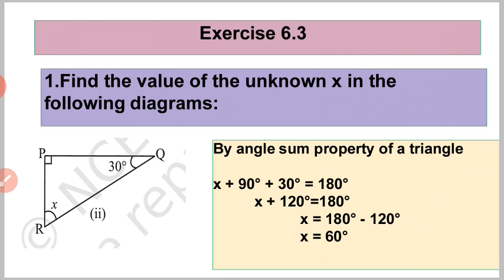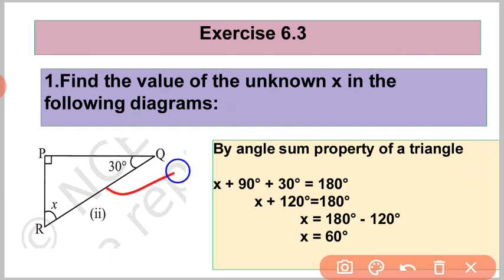So we know angle sum property of a triangle, that the sum of all the angles is equal to 180 degree. But here only one angle is mentioned. We know this sign represents angle 90 degree. So apply angle sum property to this triangle.